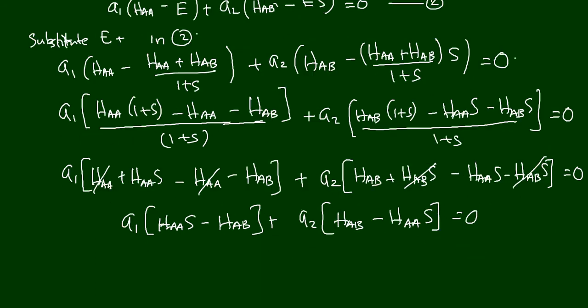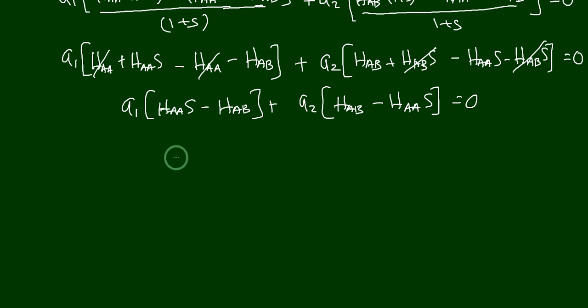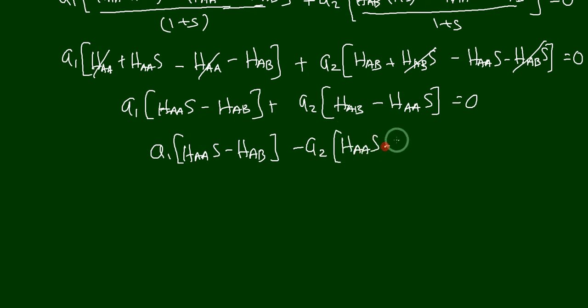So I can write it again as A1 into HAAS minus HAB, minus A2 into HAAS minus HAB, is equal to 0.